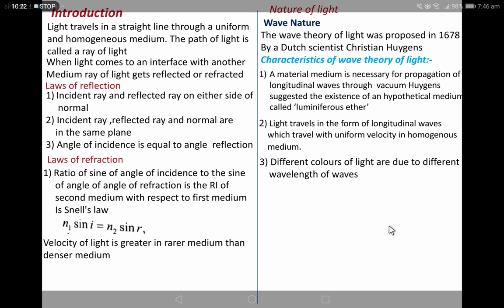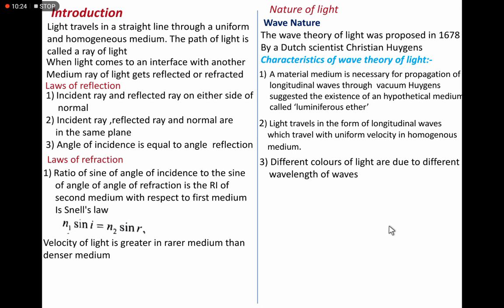Then, different colors of light are due to different wavelengths of the waves, and when these light waves enter our eyes, we get the sensation of light. These are the characteristics of the wave theory of light. Some points were later studied by different scientists, and this theory was corrected.